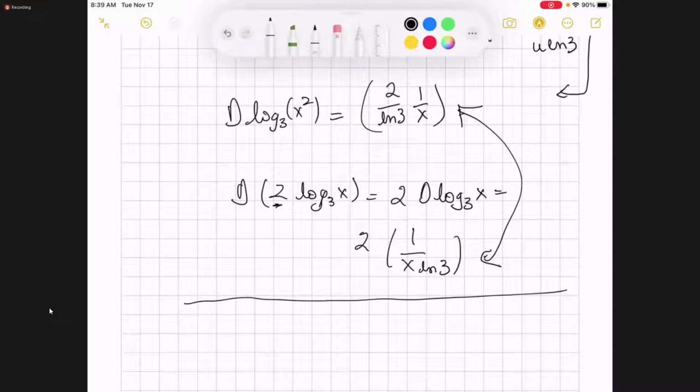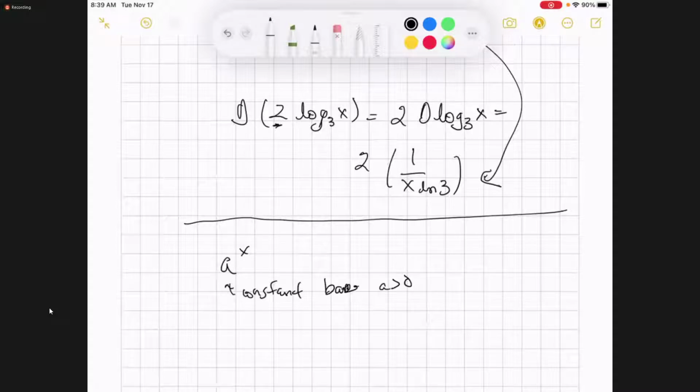One thing I wanted to talk about today, so that you can do your homework problems. We've talked about what happens when you have a constant base, a greater than 0, and a variable exponent.